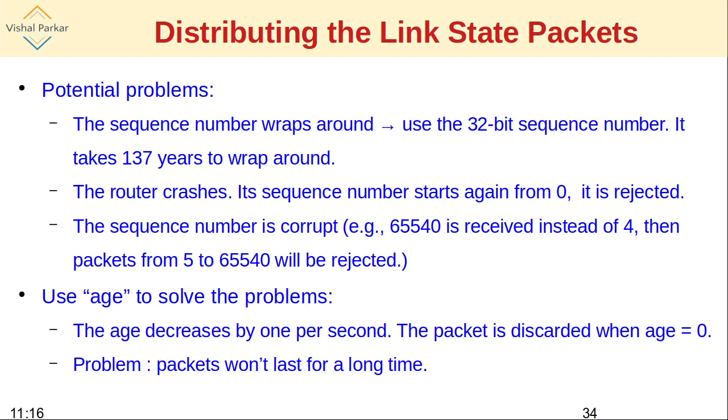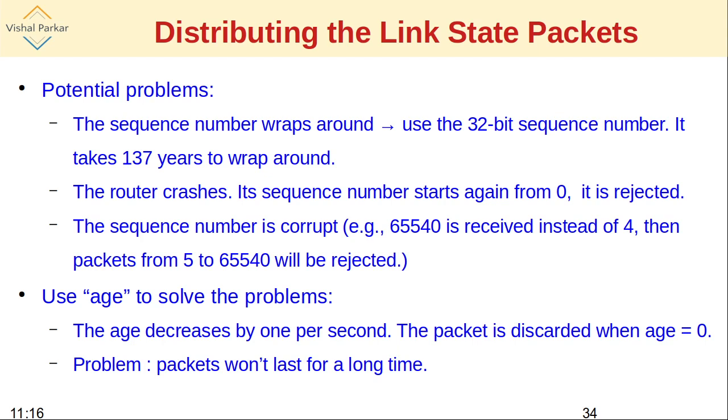For example, if every millisecond the age decreases by 1 and the age value is initially initialized to, let us say, 50, that packet will only exist for 50 milliseconds in the network. No packet will continue to exist and flood the network.